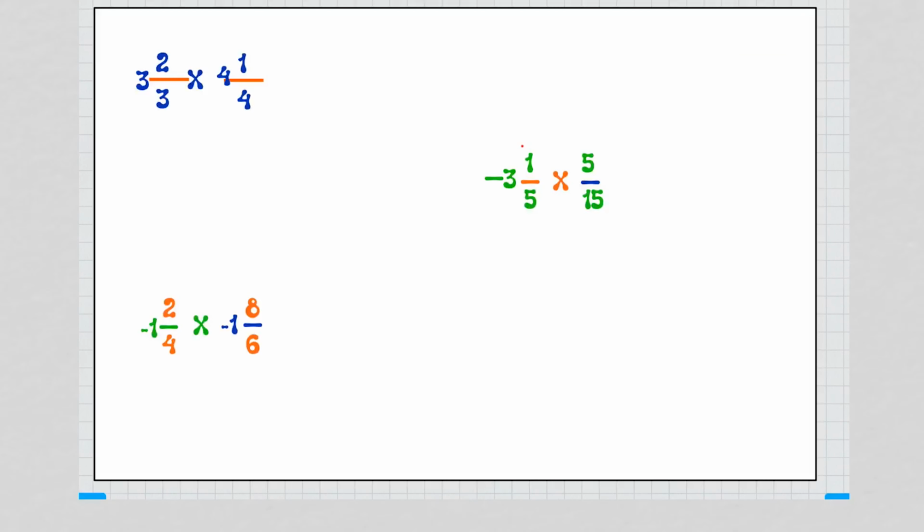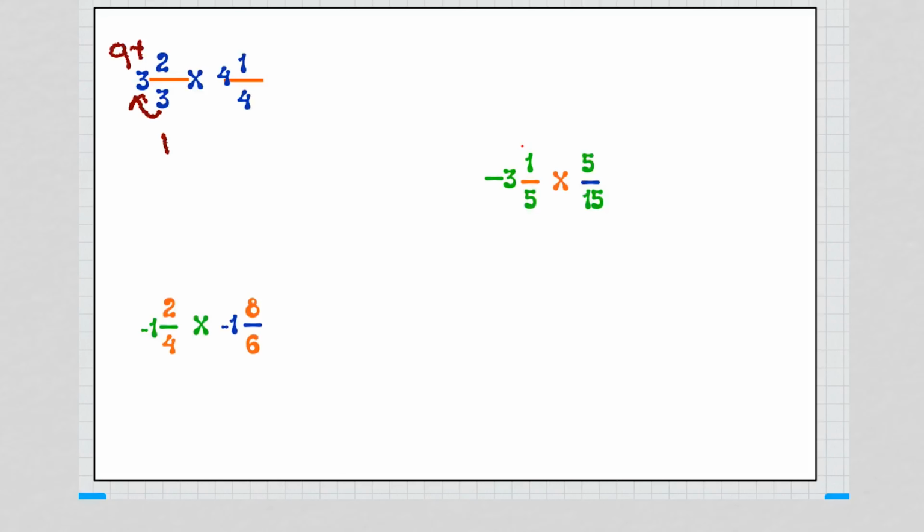Now let's look at some fractions which include mixed numbers. Whenever you are multiplying fractions where one or both have a mixed number, please first convert them into improper fractions. So we multiply this 3 by 3. 3 times 3 is 9. 9 plus 2 is 11.